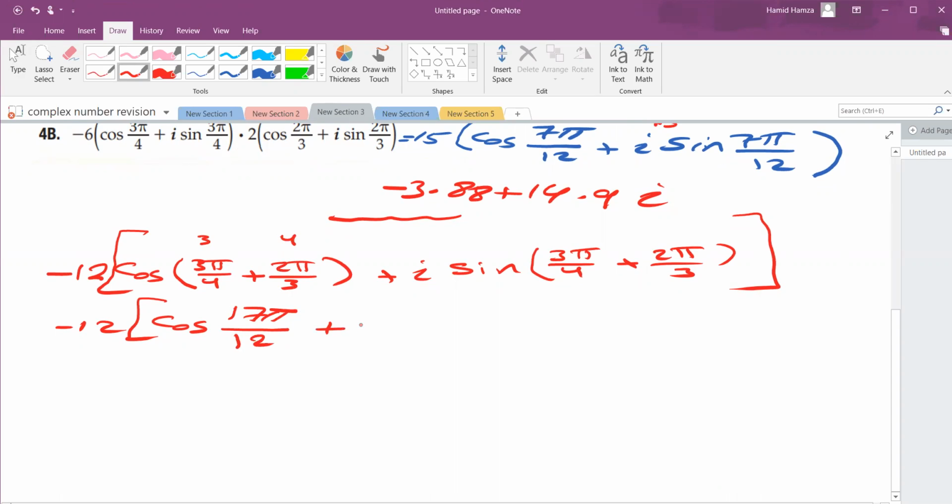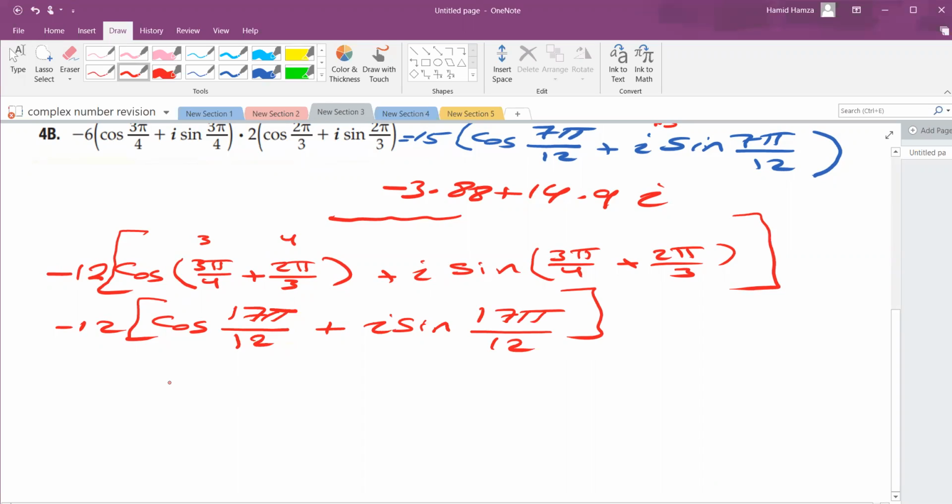Plus i sine, and the angle is always the same, guys, 17 pi over 12. I want you to change it to rectangular form.